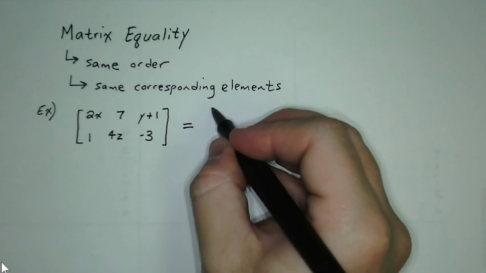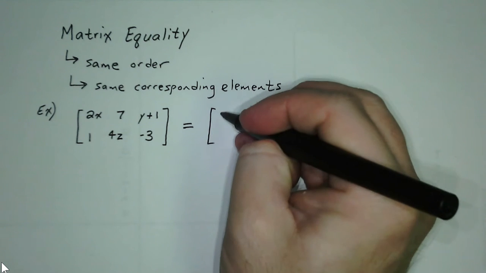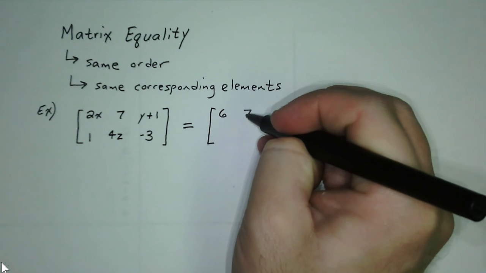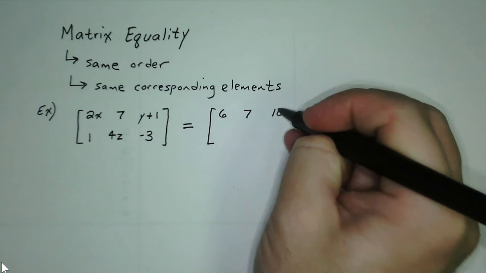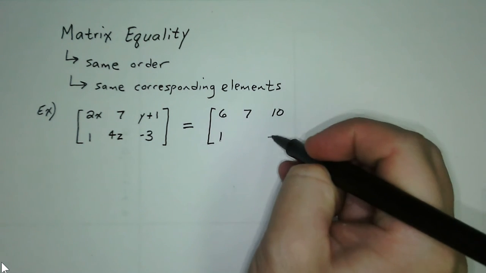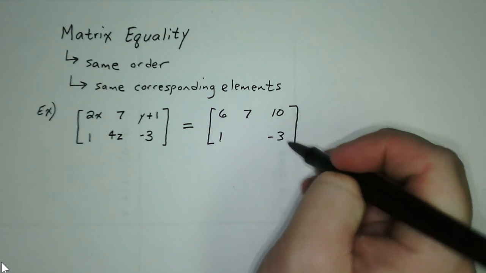So let's say this weird matrix was going to be equal to, so of course that would be a 7. That's got to be a 1, and that's got to be a negative 3.